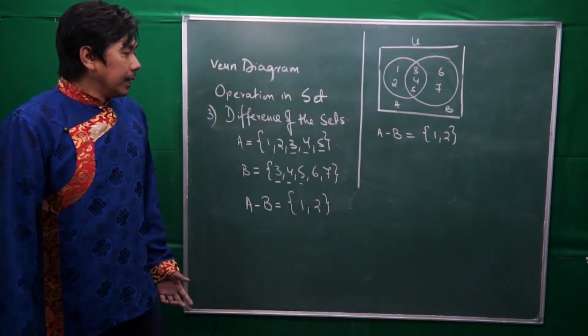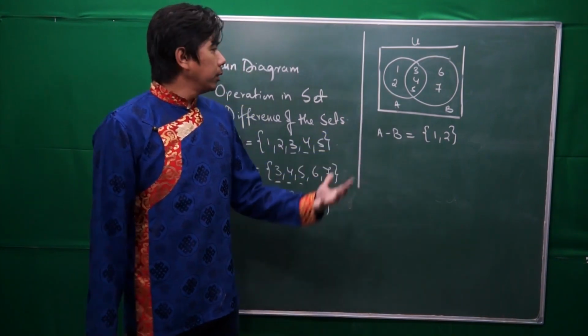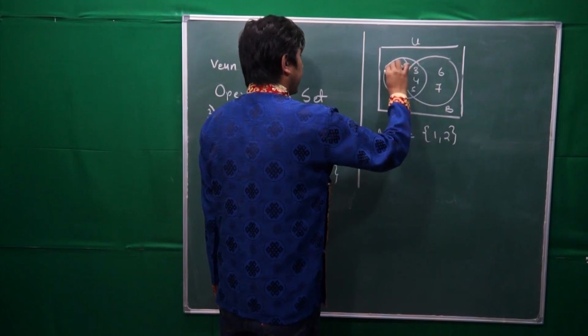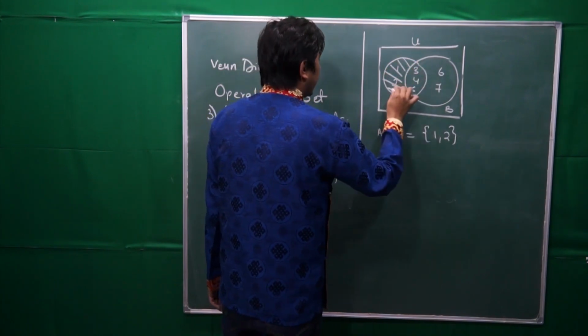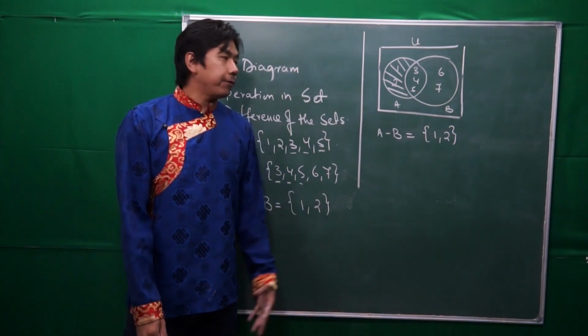Clear? You can see clearly which region is 1, 2. So this region, the region that is exclusive to A and A only. All right. So this is difference of set.